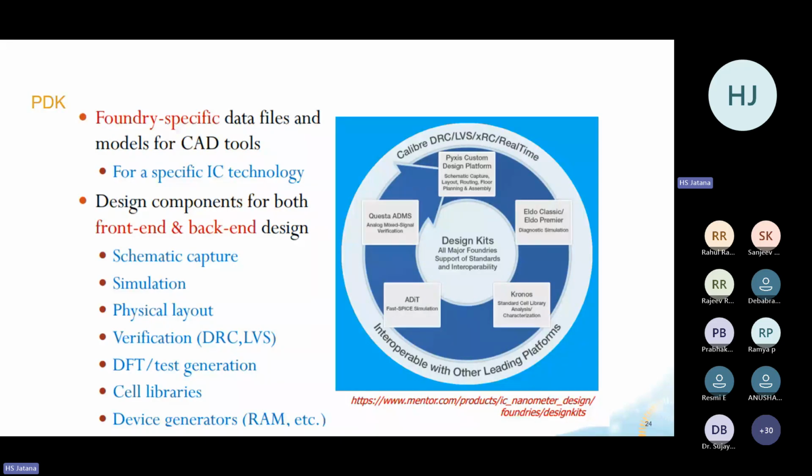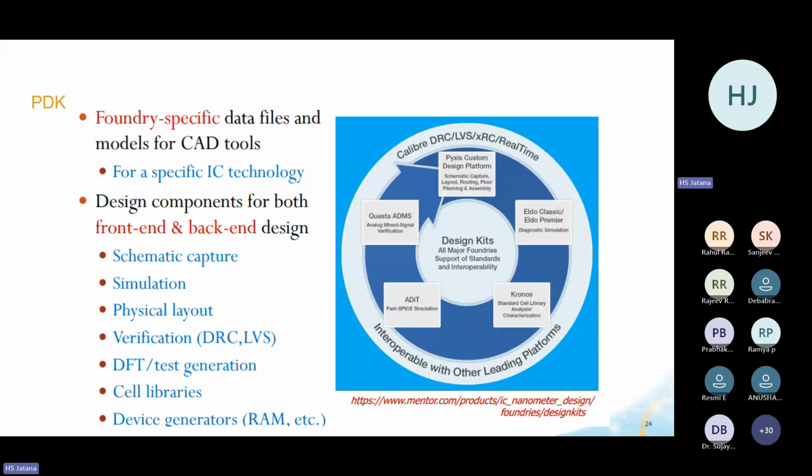These are the various components of a process design kit. It will contain the list of legal components available, the name of each component, the component number, the specification of that component, and how that component can be used in the design: the schematic capture, how the component is laid out, how you can simulate it, what the various layers of these components are, and how you can verify the physical design of that component.